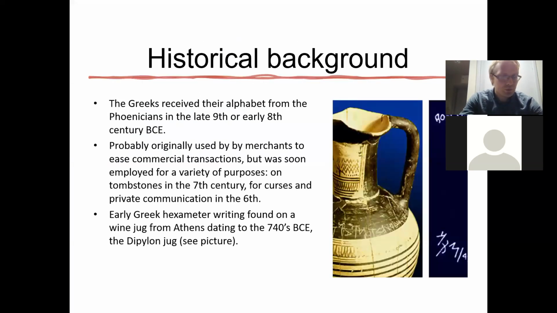So, let us begin with a short historical background of the origins of the Greek alphabet. As I said, the Greeks received the basis for their alphabet from the Phoenicians in the 8th century BCE.